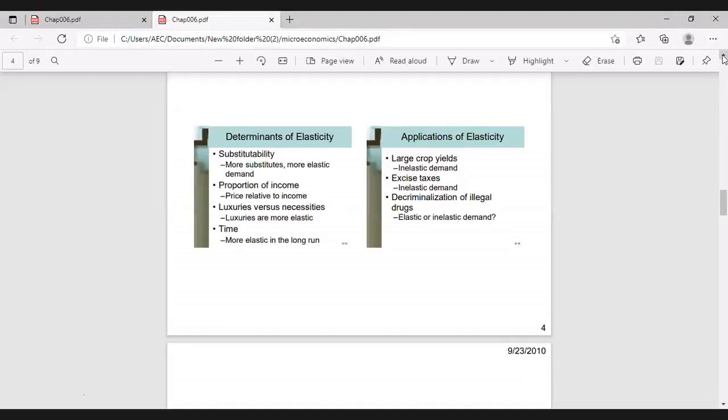So if it is a necessity good, we always buy that one. Even if the price increases, we will not reduce the quantity demanded much because it is a necessity good.